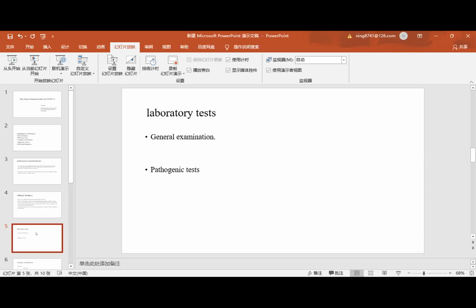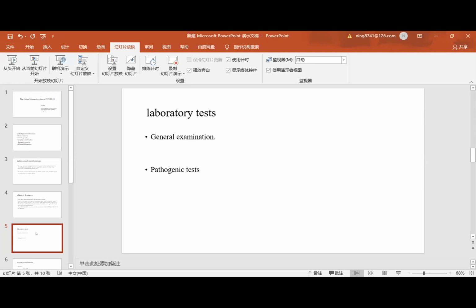In pathogenic tests, novel coronavirus nucleic acids can be detected in nasopharyngeal swabs, sputum, and other lower respiratory secretions, blood, stool, and other specimens by RT-PCR. Lower respiratory specimens are more accurately detected.